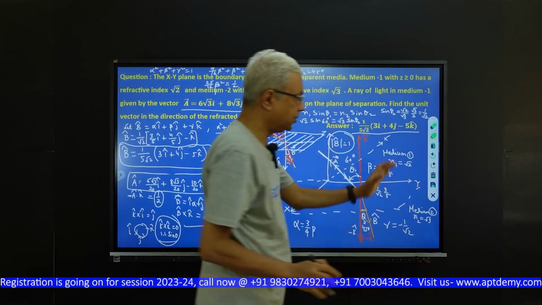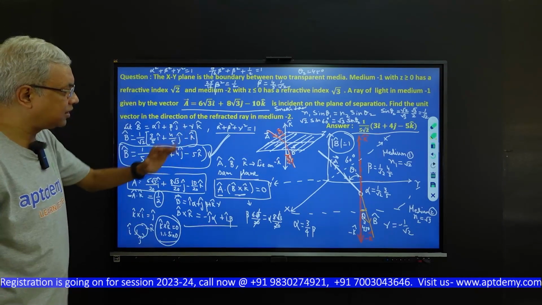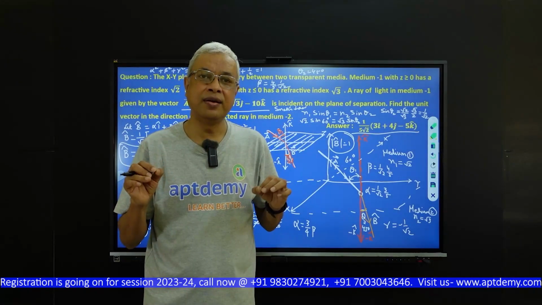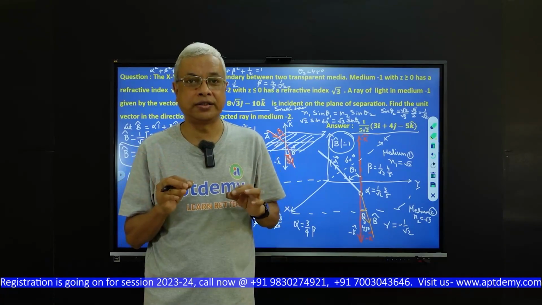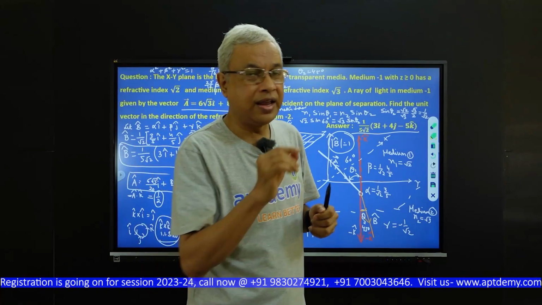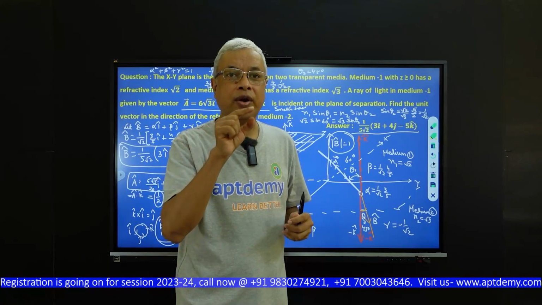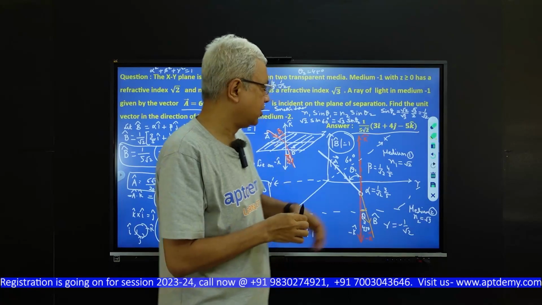So this is the problem. I hope you have understood. It is tricky in the sense that here you have to apply Snell's law faithfully, Snell's law for refraction, which says that n1 sin theta 1 is equal to n2 sin theta 2, where theta 1 is the angle of incidence and theta 2 is the angle of refraction. That we have done.